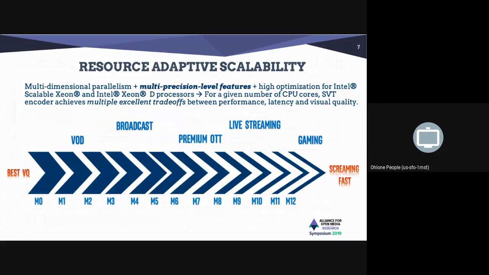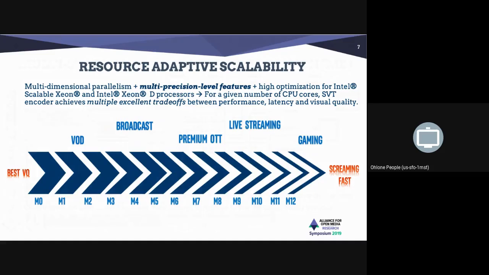So the multi-dimensional parallelism plus the multi-precision level features, as well as the high optimization for Intel Xeon Scalable and Intel Xeon D processors, allow SVT to achieve multiple excellent trade-offs between performance, latency, and visual quality.